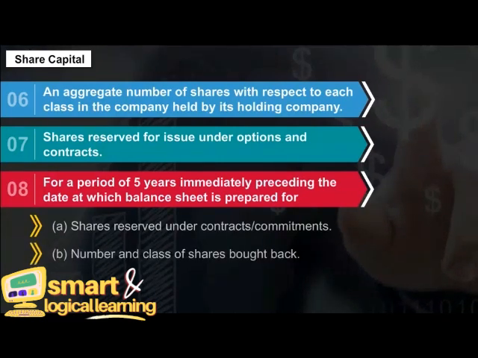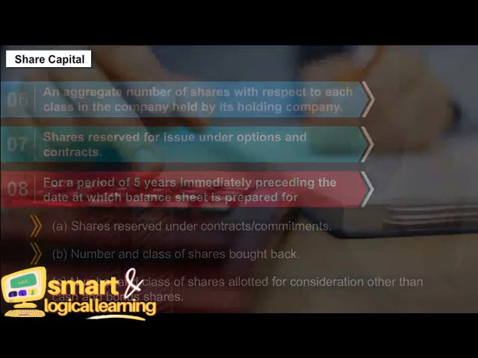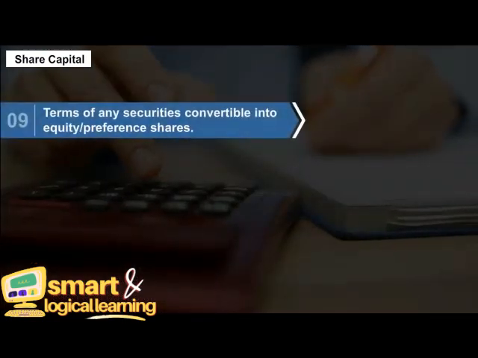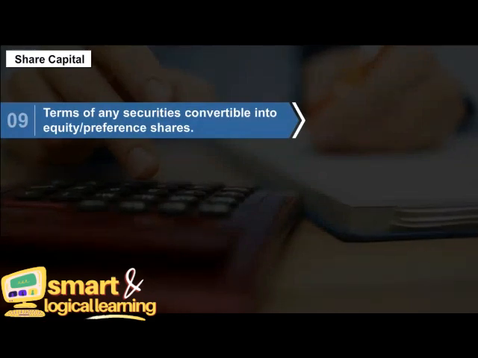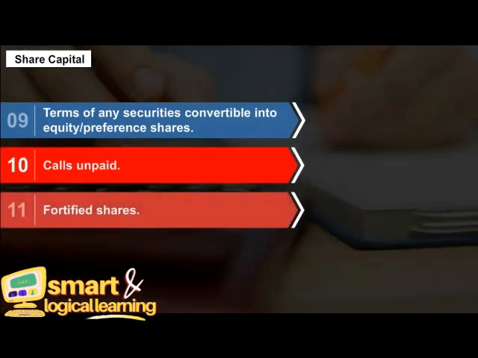B. Number and class of shares bought back. C. Number and class of shares allotted for consideration other than cash and bonus shares. 9. Terms of any securities convertible into equity or preference shares. 10. Calls unpaid. 11. Forfeited shares.